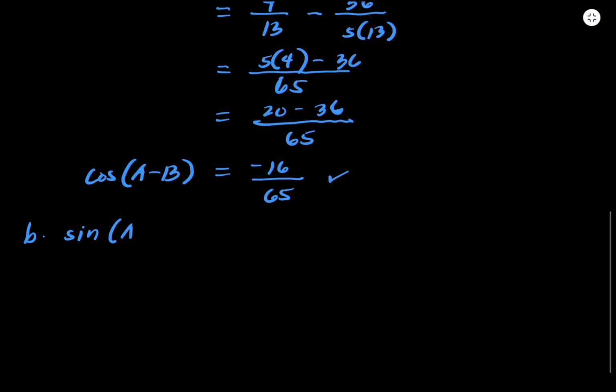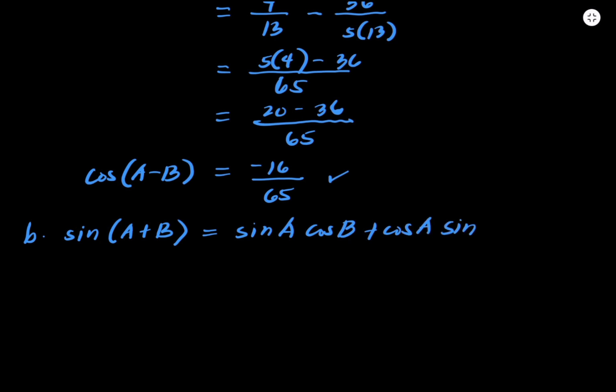Sine of A plus B. Now, we need to recall the sum and difference formula for sine A plus B. This is equal to sine A times cosine B plus cosine A times sine B. So be careful in the use of the formula, and especially in recalling the formula, especially the sign and the order of sine and cosine.